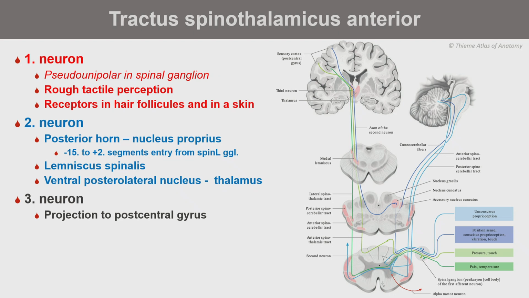So the spinothalamic tract, once again, is made from three neurons. The first neuron, pseudounipolar, is every time in the spinal ganglion. Then the second is going to the nucleus proprius. Nucleus proprius is somewhere here.